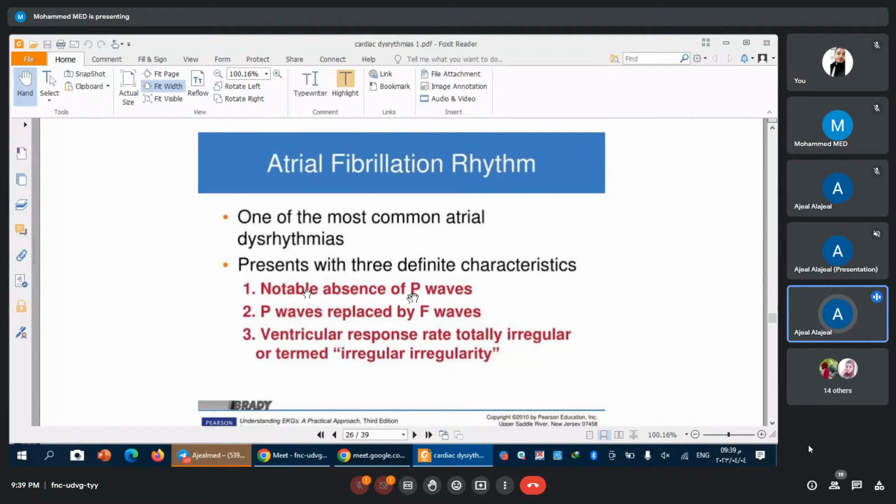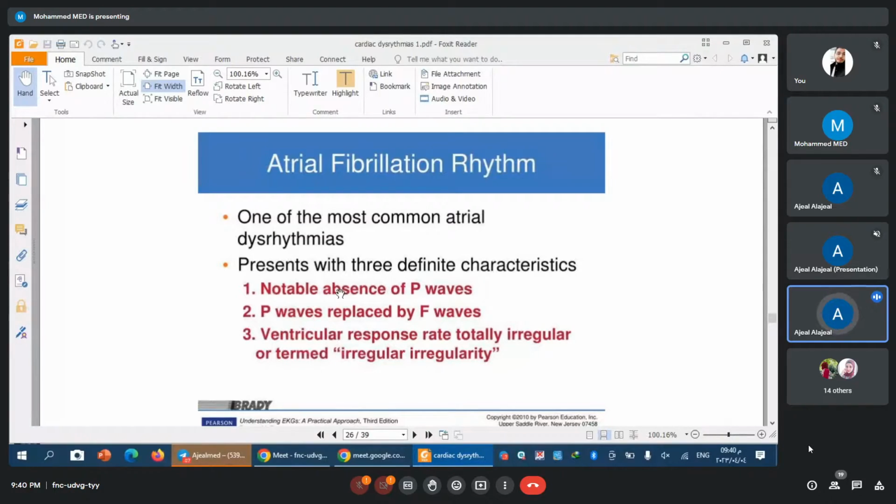Atrial fibrillation is one of the most common atrial dysrhythmias. On the ECG, as I said, clinically irregular heart, and an irregular heart is commonly atrial fibrillation, less commonly wandering atrial pacemaker. I will say it again: irregular heart, commonly atrial fibrillation, less commonly wandering atrial pacemaker, and I have discussed already these two.